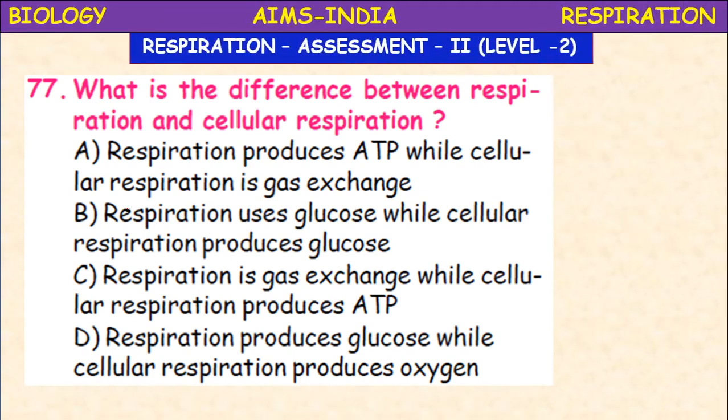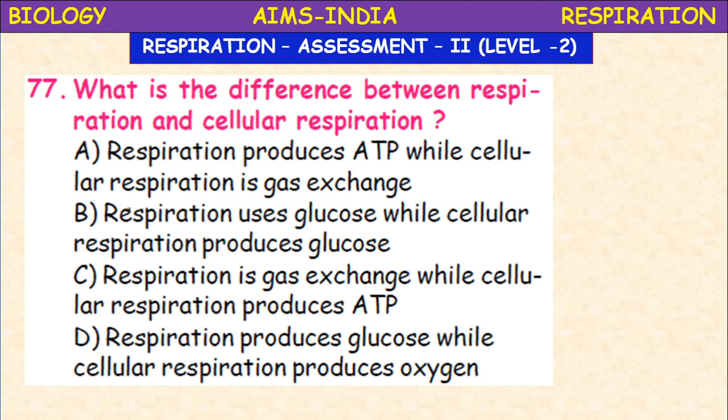Next, what is the difference between respiration and cellular respiration? Means general respiration and cellular respiration. Respiration produces ATP, while cellular respiration is gaseous exchange. Respiration uses glucose, while cellular respiration produces glucose. Respiration is a gaseous exchange, while cellular respiration produces ATP.